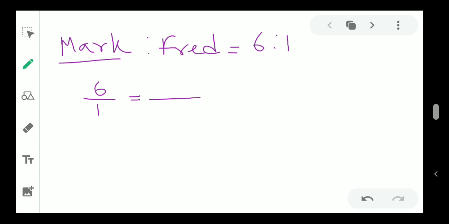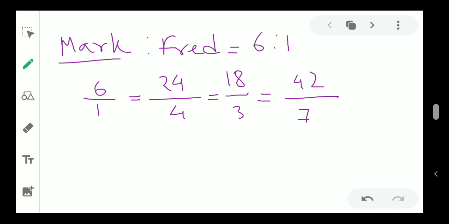So this also means it can be 24 by 4, it can be 18 by 3, it can be, let's say, 42 by 7, it can be anything, whatever. There are so many possibilities. You cannot tell directly what is the actual money of Mark or Fred.